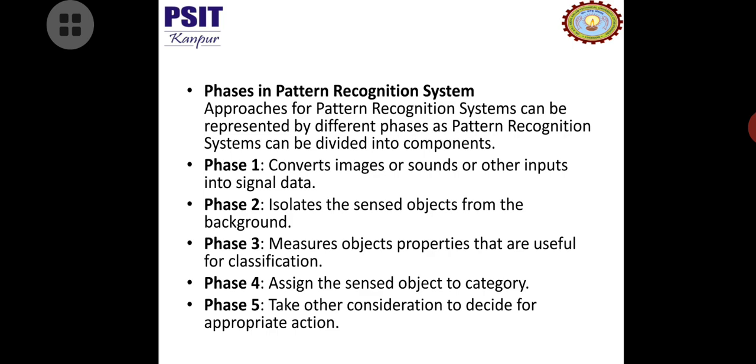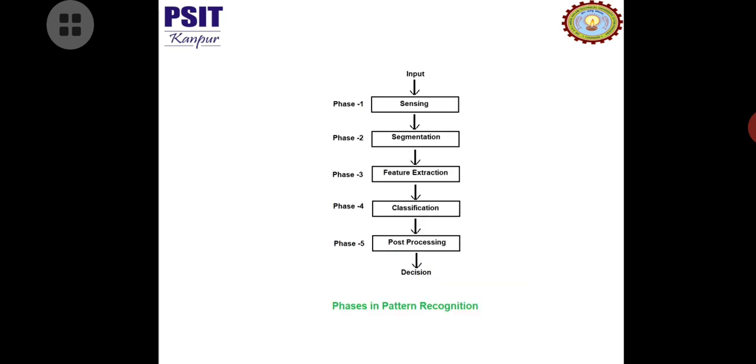You can easily understand the phases of pattern recognition with the help of this diagram. Each and every phase is explained in this diagram. Let's suppose you are giving some input. Phase 1 is sensing, that means it will sense your objects.